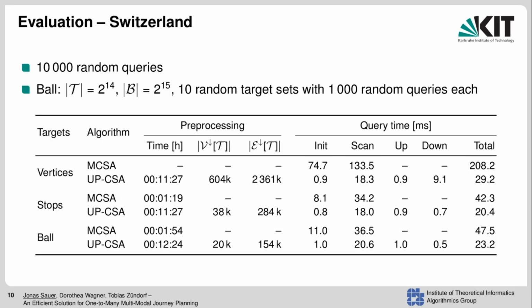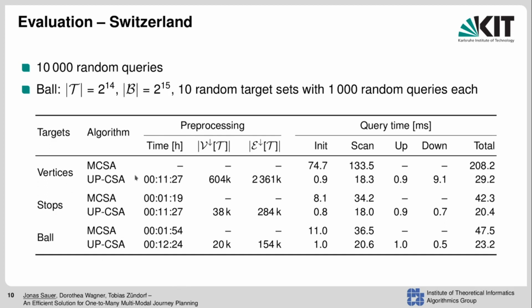Now I want to show you some detailed running times, first for the Switzerland network, for 3 types of target sets. First we have the one-to-all search, where all vertices are targets. Then we have the set of stops as the target set, and finally a ball configuration of moderate size. We perform 10,000 random queries for each type of target set.